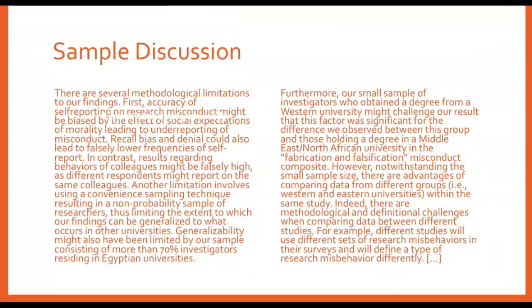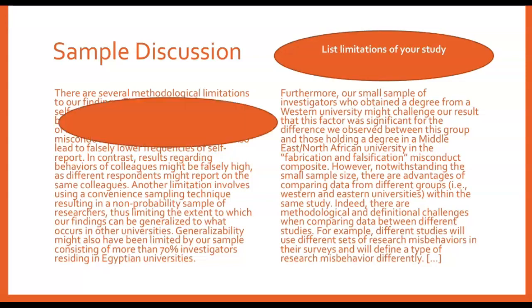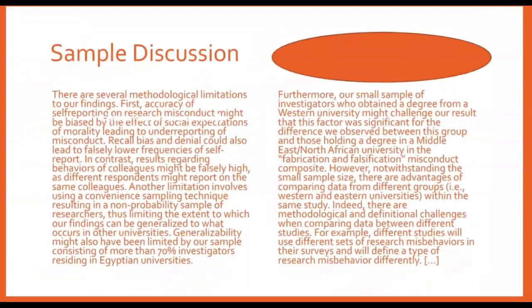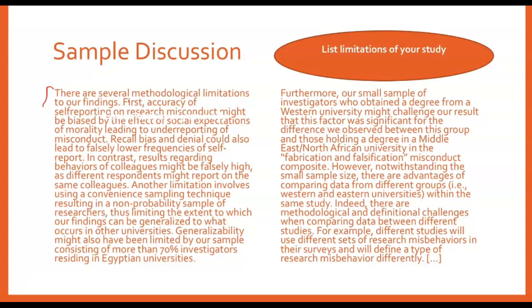And so this one is the paragraph on limitations that I really like. Let me go back here before. So here, there are several methodological limitations to our findings. Sorry, it was a mouthful. Right here, first. So it continues, which is unfortunate. Remember in the previous one it was first, second, third. I kind of like that because when I see first, I'm expecting second.